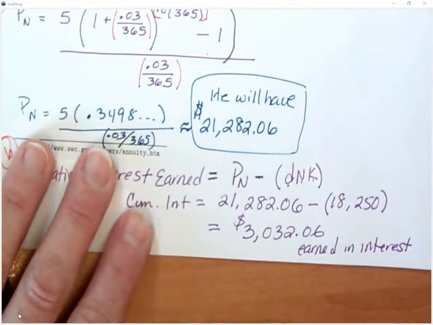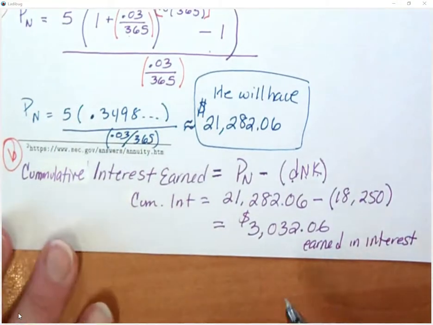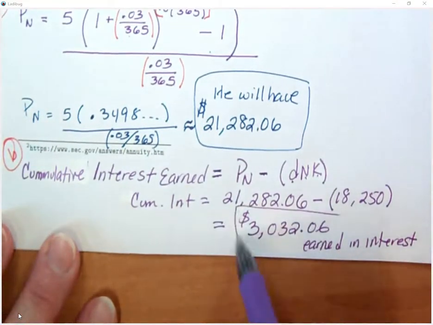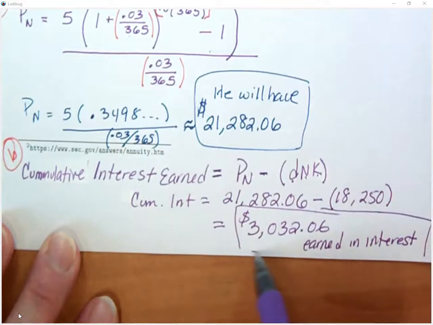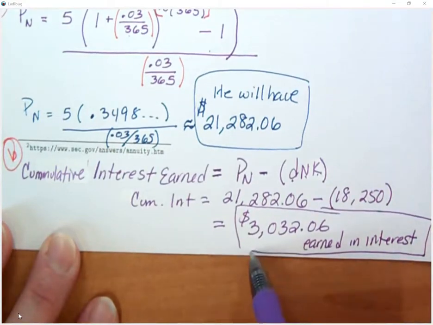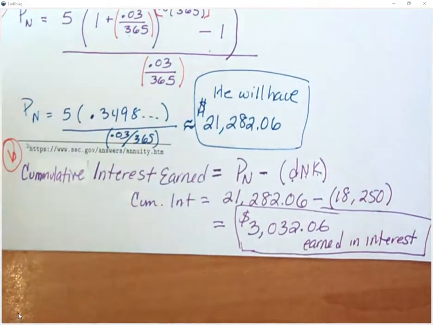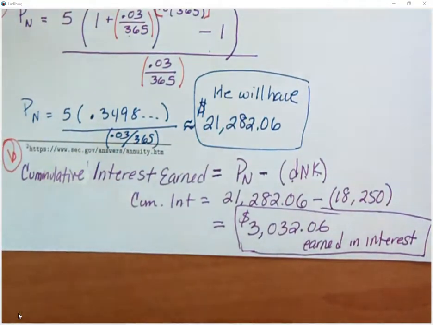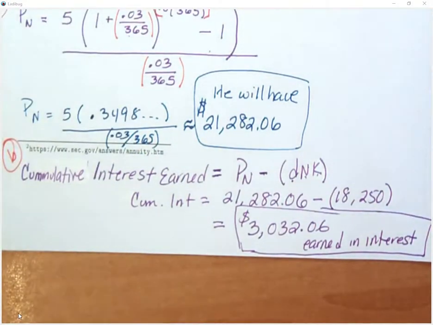Okay, so that's the answer to this second piece. So make sure, especially on your paper quiz that you'll have at the end of the unit, you do want to make sure that you've answered all parts of the question.